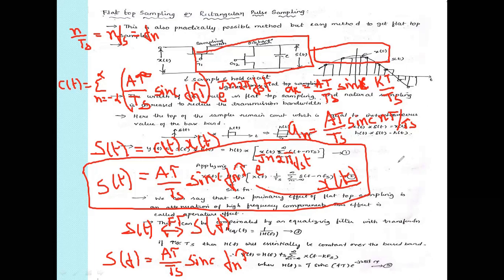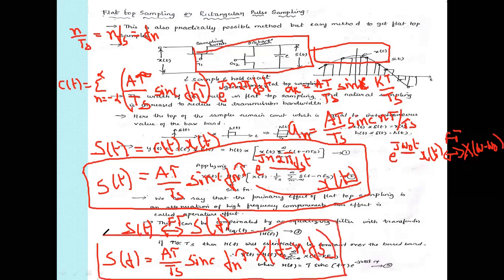The frequency shift property: e power j omega naught t x of t has the Fourier transformation x of omega minus omega naught. Here omega naught is the shift, the total n into omega s. The shortcut notation is n into Fs, so x of f minus n Fs.